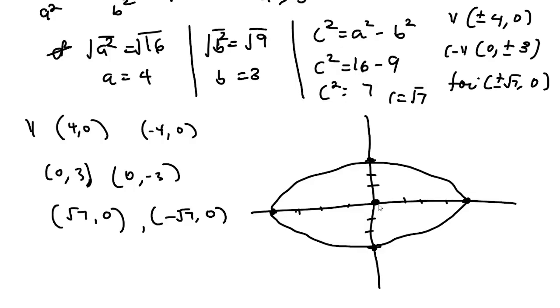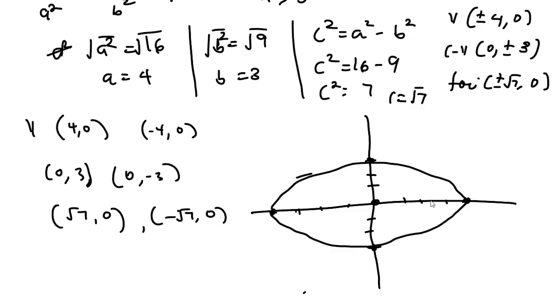Then in this case, we need to locate our foci at root 7. It is both positive and negative, and approximately will be around 2.65. So let's say 1, 2 point.